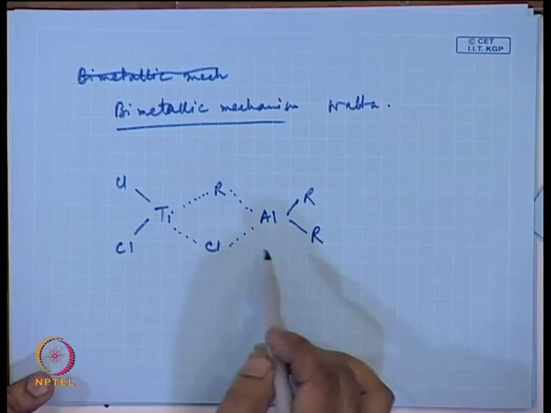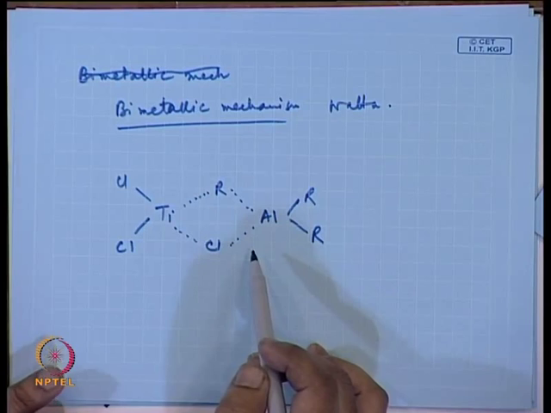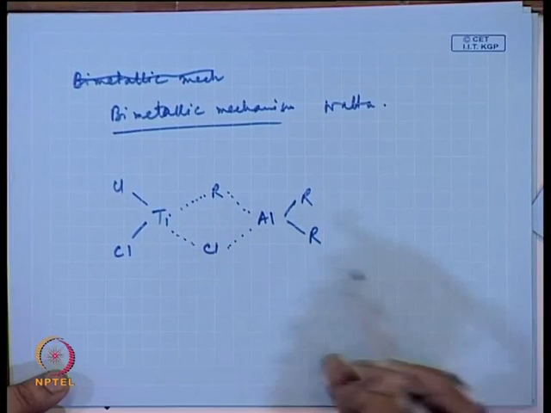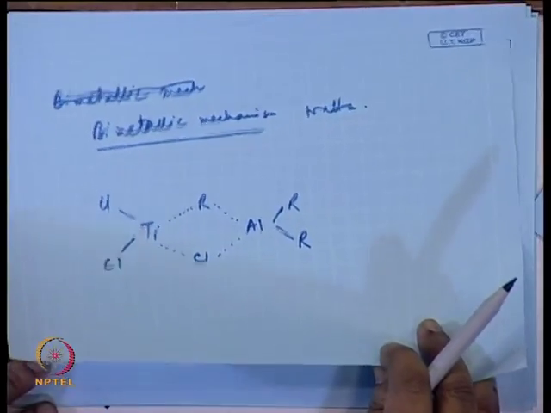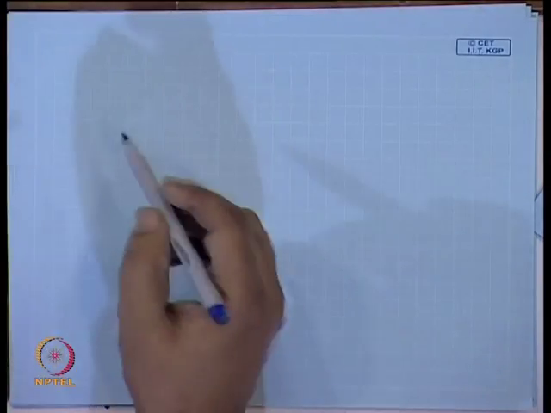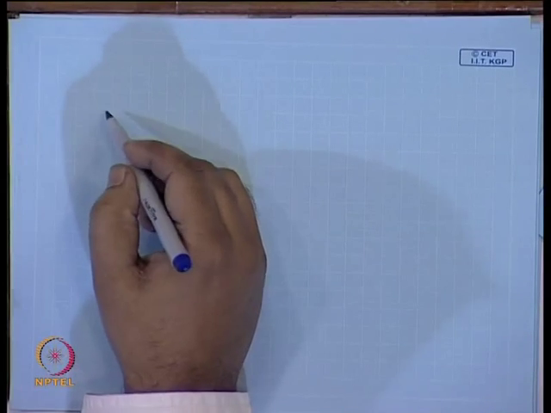Now, once this is formed, which is electron deficient, what happens? The monomer approaches this active site and coordinates. So, we can write the next step.